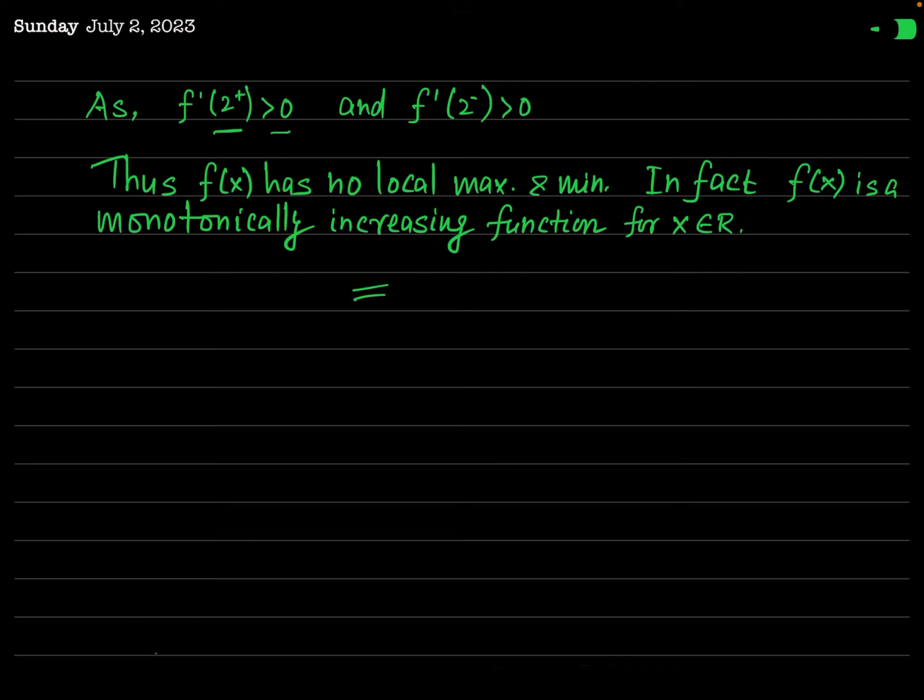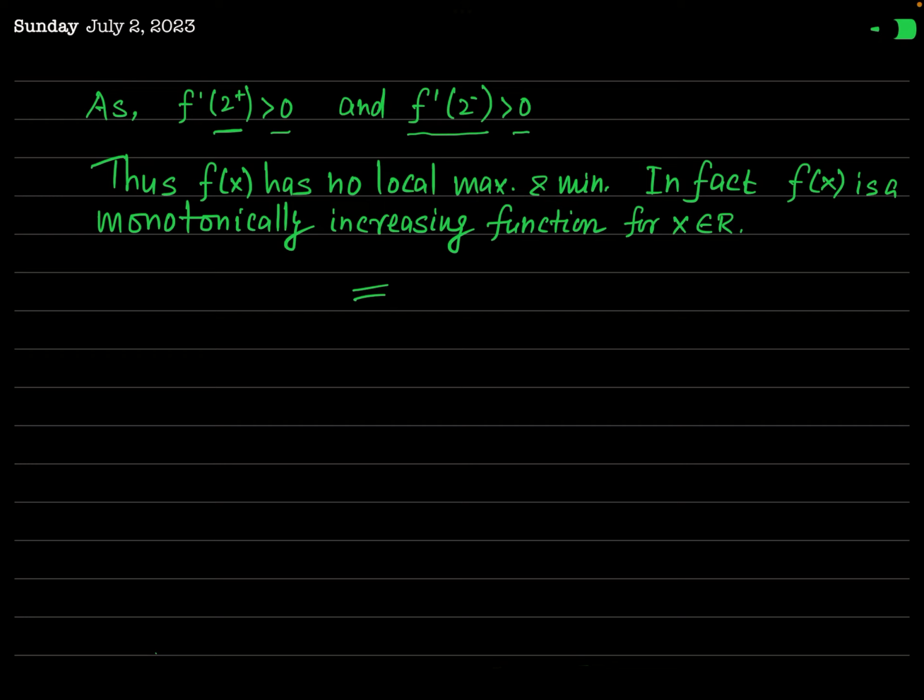And when we take x less than 2, symbolically I have written f dash of 2 minus. 2 minus means a value of x which is smaller than 2. Then again we see that this f dash is greater than 0, that is positive. Okay, and I have taken the proper example, taking x equal to 3 and x equal to 1, and you have seen the same result.